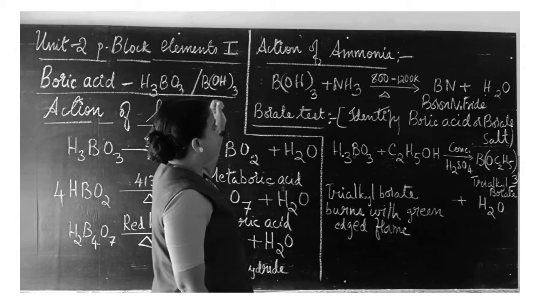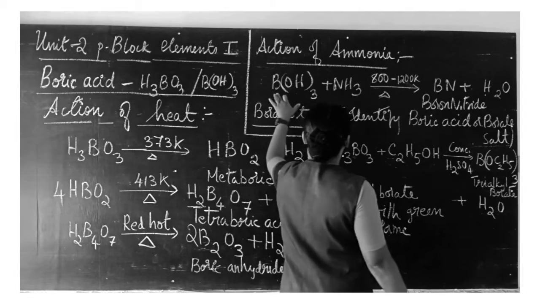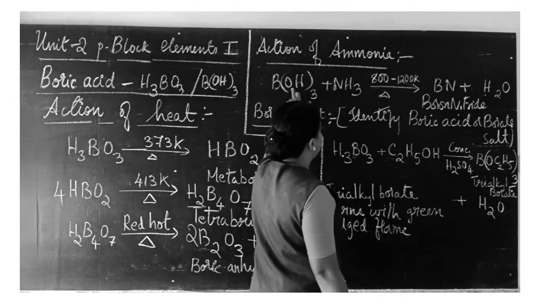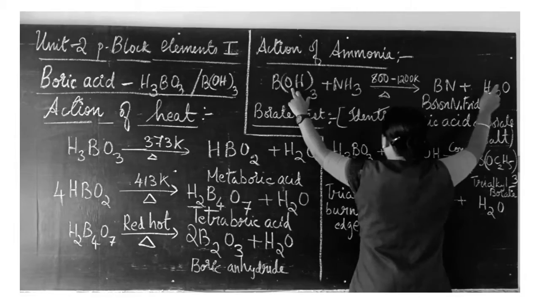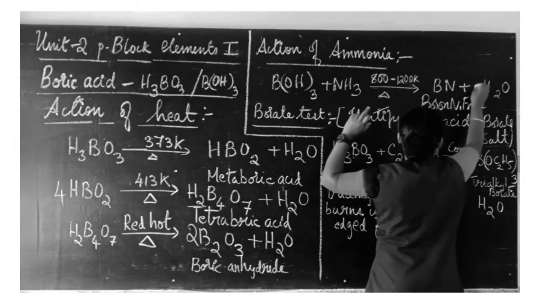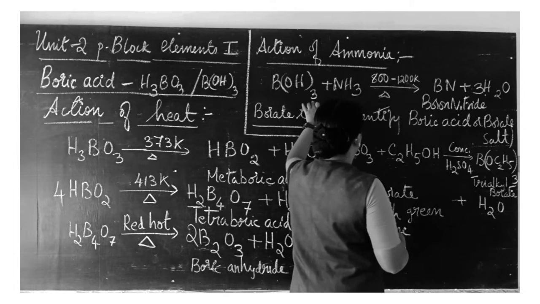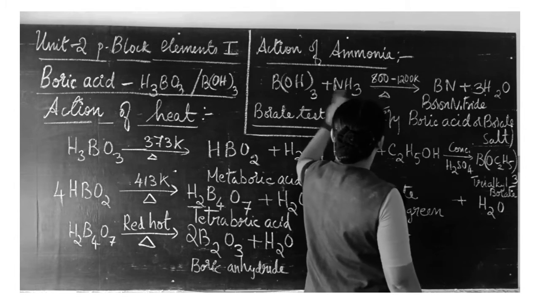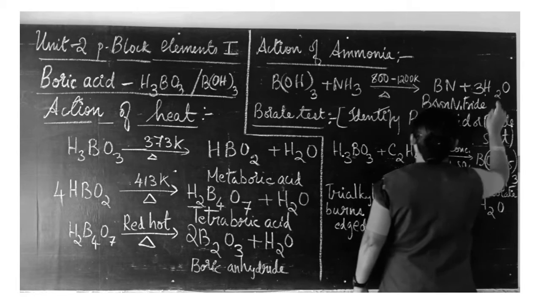Now let us balance this reaction. Here there are 3 boron, here only 1 boron, and here also 1 boron. Oxygen here is 3, whereas here it is only 1 oxygen, so I put a 3 here. Now hydrogen, here it is 3 and here it is 3, so 6 hydrogen, and here also 6 hydrogen.